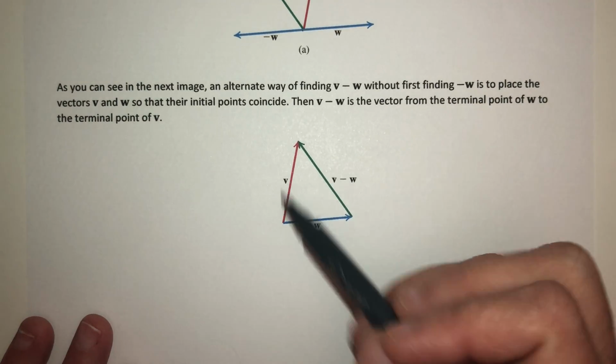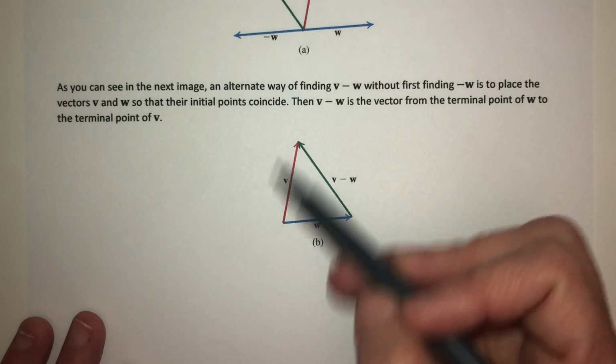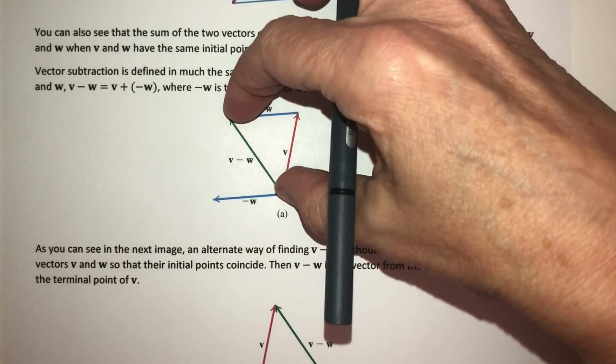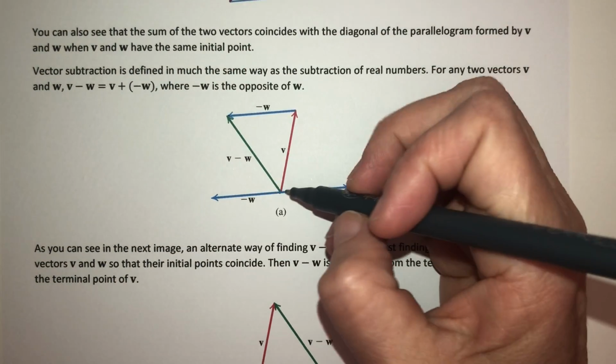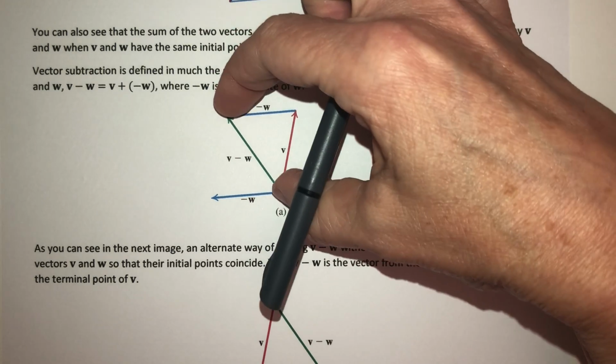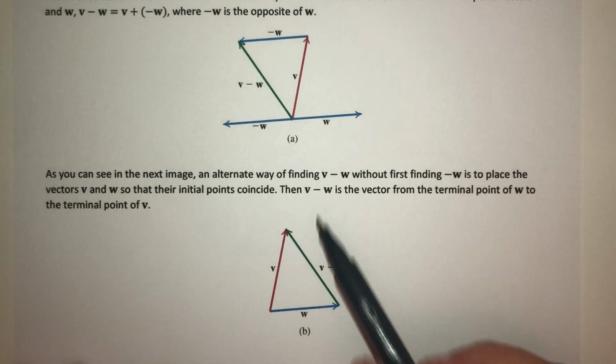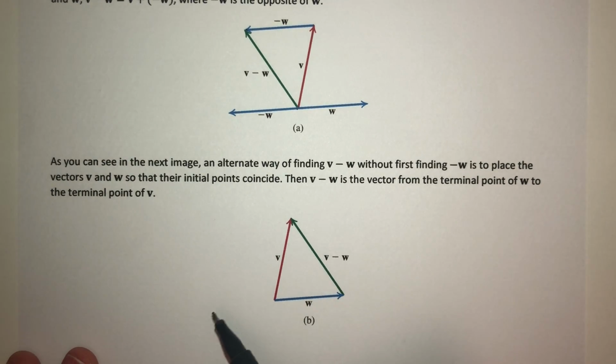We don't necessarily have to draw the negative w here. What we can do instead, and you can look and compare the image here, we're going from here to here, that length. This picture has the same length and the same direction, but they did it without drawing the negative w.